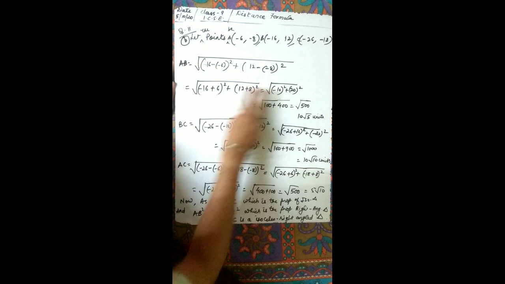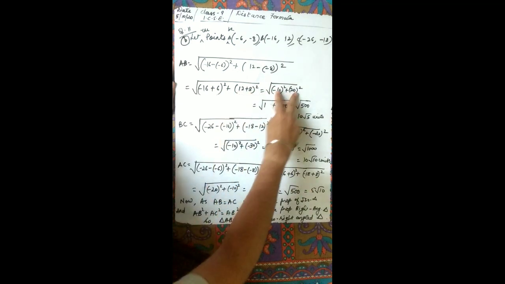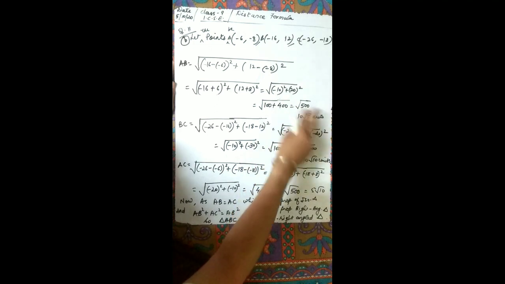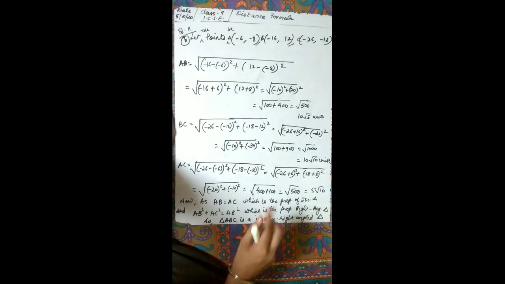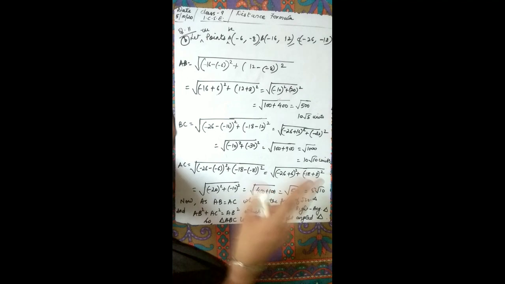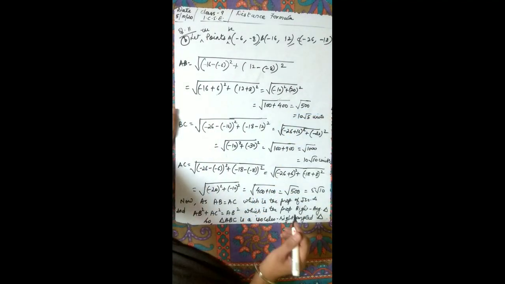This will be minus 16 plus 6, minus 10, and this will be 20, the whole squares. So 100 and 400, 500. This 500 I'm writing under root as 100 into 5. 100 will go out as 10, and 5 will remain inside the root.